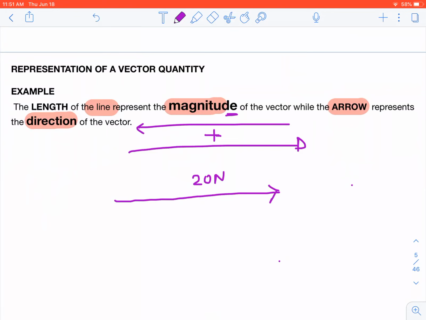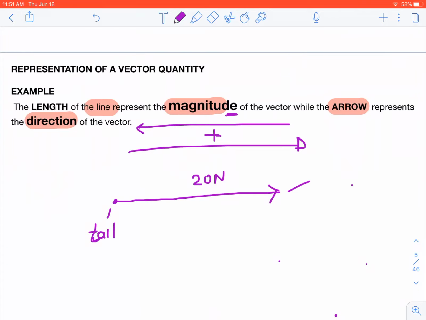Now this is your vector, and that is your starting point, and that's your arrow. Thus we normally say that's the tail of the vector.